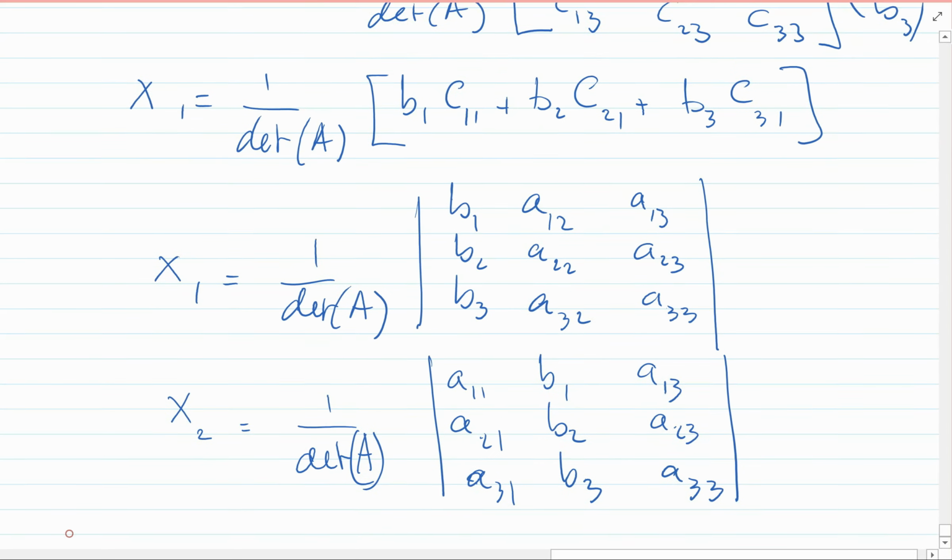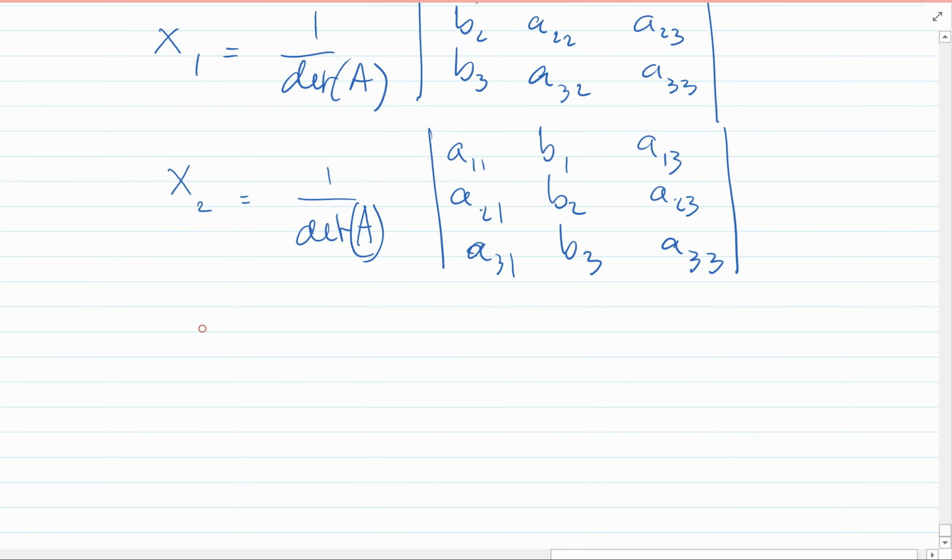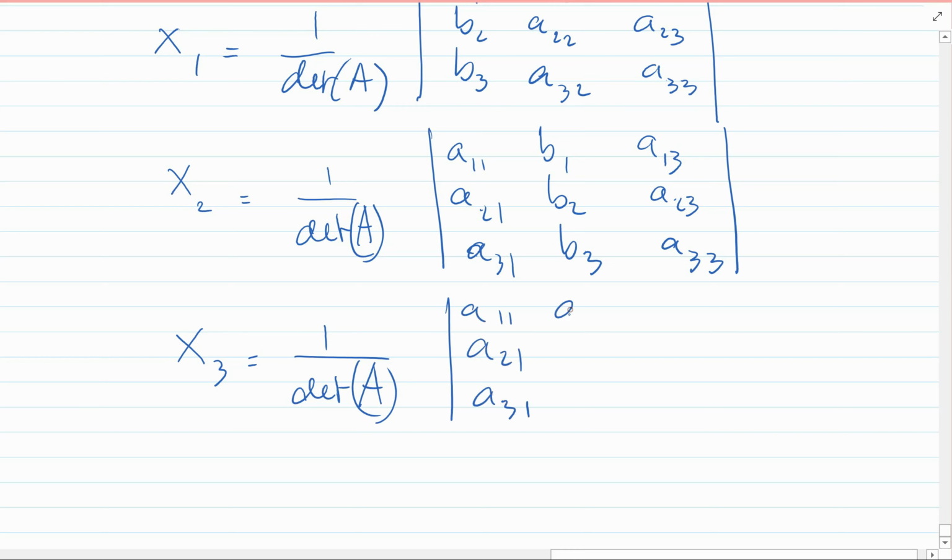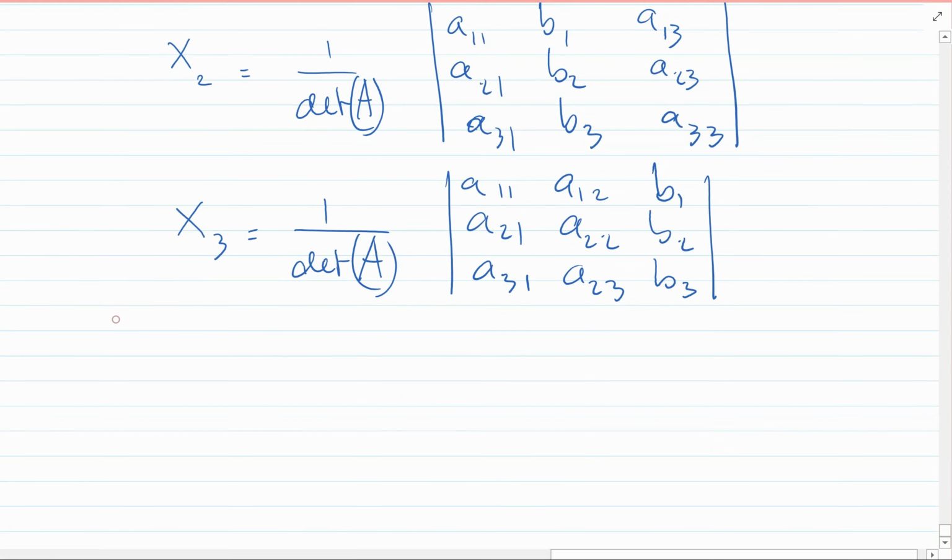And the same for x3, 1 over determinant of A times the matrix with columns A11, A21, A31, A12, A22, A32, B1, B2, B3. So in the second one, we develop the determinant along the second column, and the last one along the third column. So this gives me what?